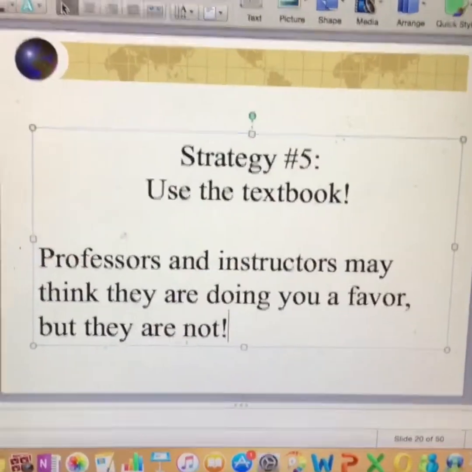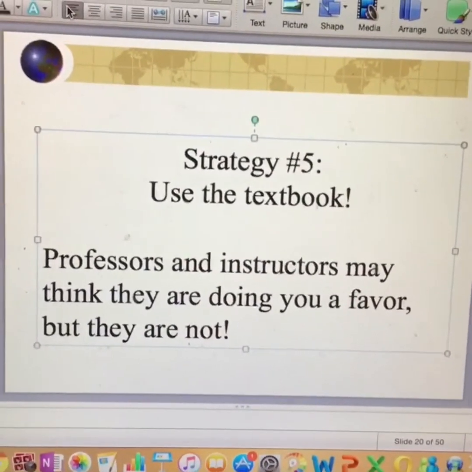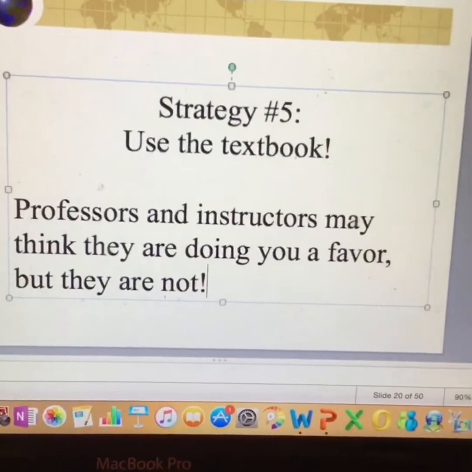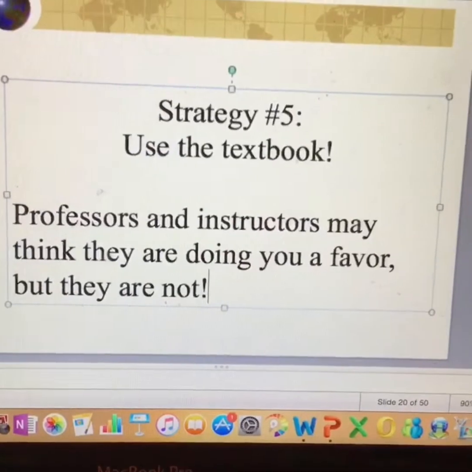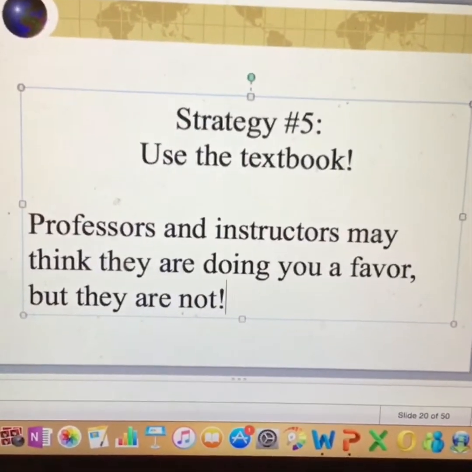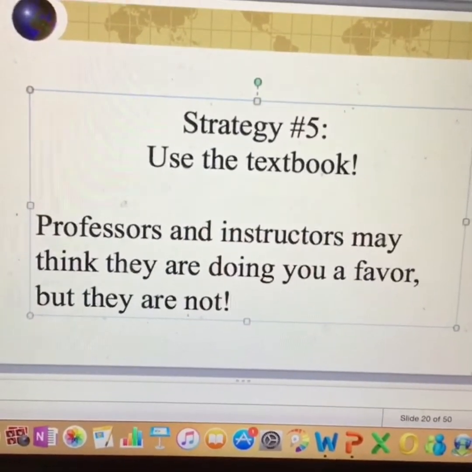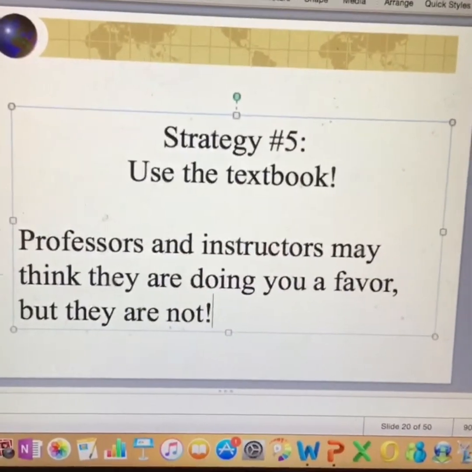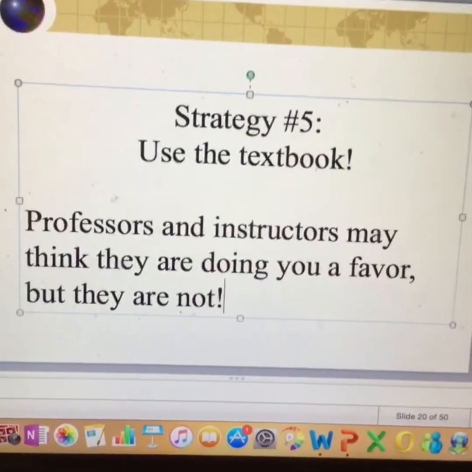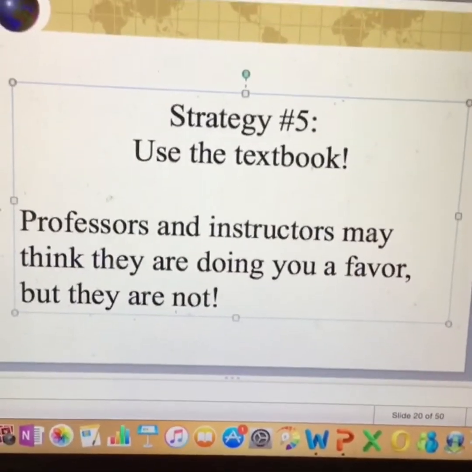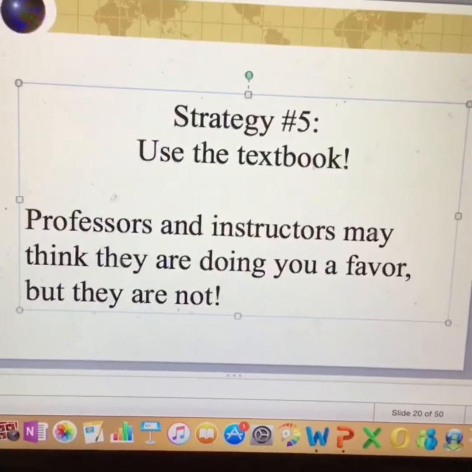Strategy 5 really hit me hard, and it may seem really obvious until you actually get to college, but a lot of instructors say, don't buy the textbook, just follow my notes and you'll be okay. And I have to admit, I am one of those. I have a night class that I didn't have them buy the textbook for. And this really hit me hard because I realized that I probably cannot tell them everything that is in a textbook.